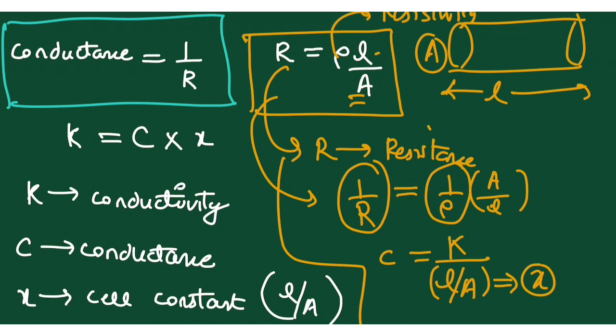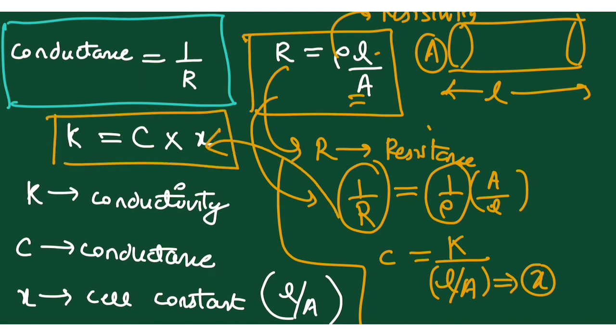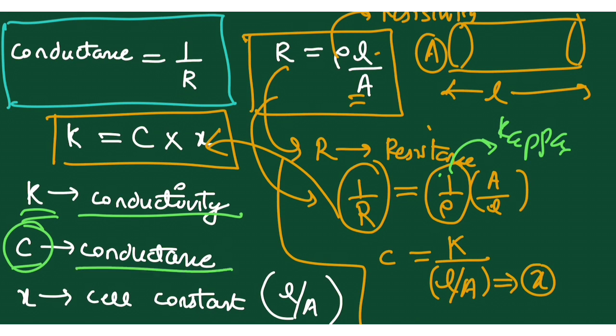If you solve it, you get the equation kappa is equal to C x. This conductivity, 1 upon rho, is known as kappa. So kappa is conductivity, C is conductance, and x is the cell constant, basically given by L by A.